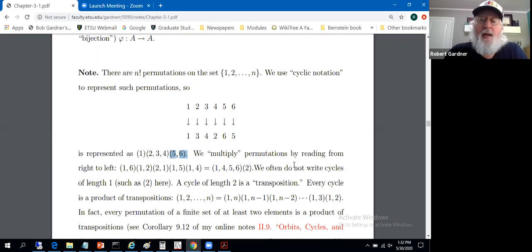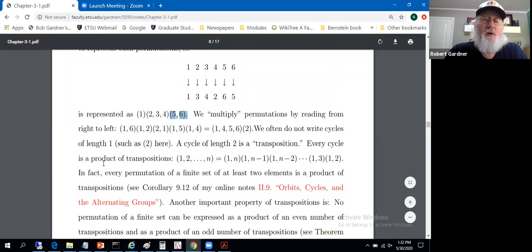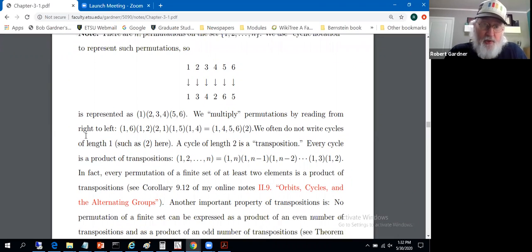We can multiply these permutations together by reading right to left, following the notation that's used in the Fraley book that we use in Introduction to Modern Algebra, where if we wanted to multiply this collection of cycles together, we would do so as follows.